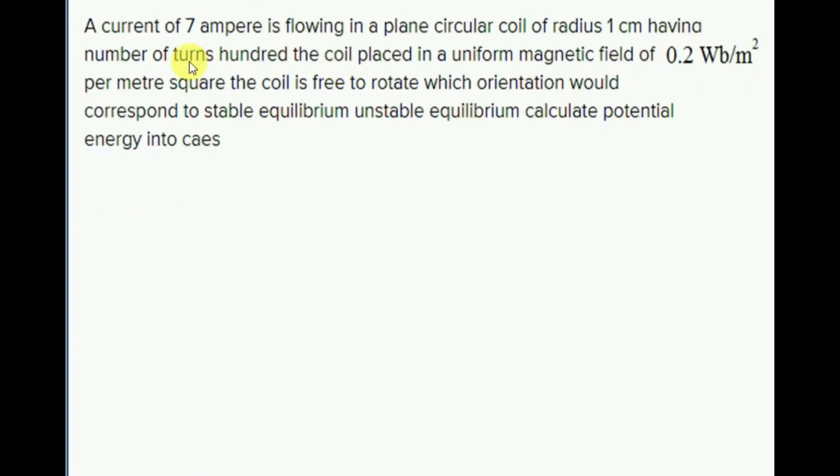Next question: 7 ampere is flowing through a circular coil of radius 1 centimeter, and this coil is kept in a magnetic field. If a coil is kept in a magnetic field, it rotates due to the force due to the magnetic field. You have to find the maximum and minimum potential energy.